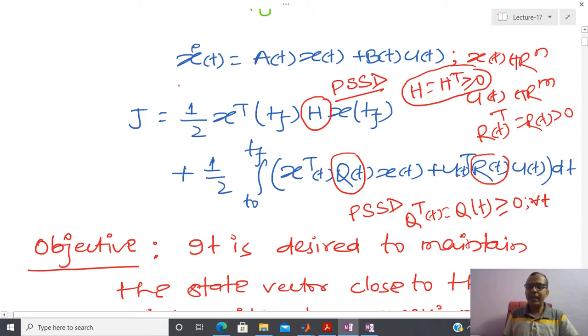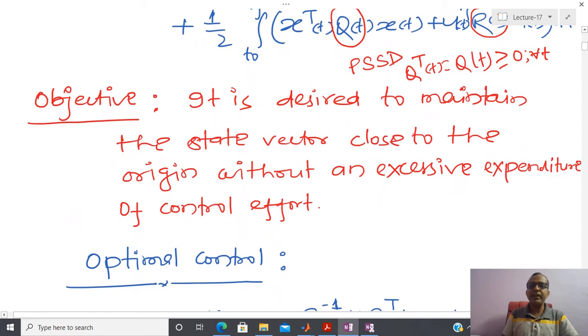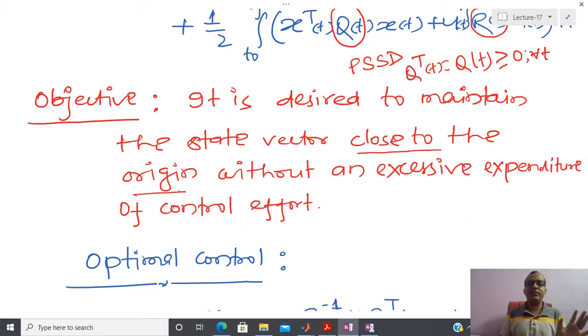After that, we have already seen in the previous class that it is desired to maintain the state vector close to the origin. I have two different kinds of formulation, so please do not confuse them. In one class of problem we have to maintain our state exactly at the origin.